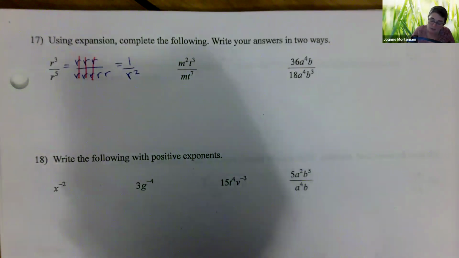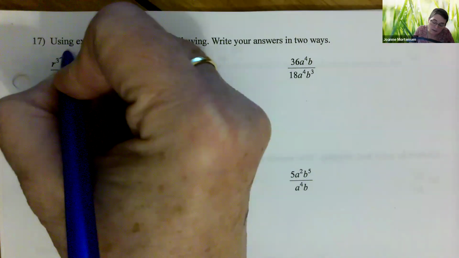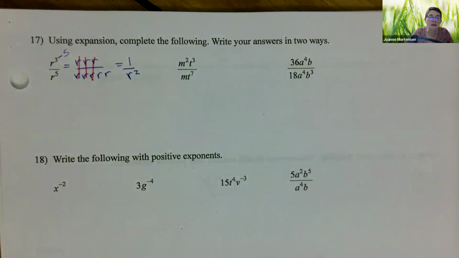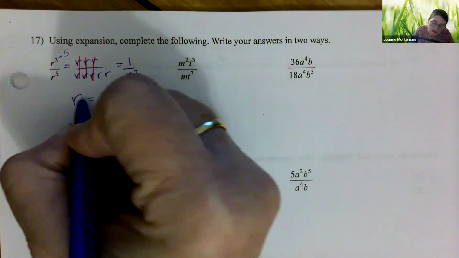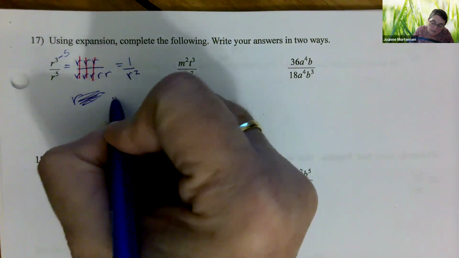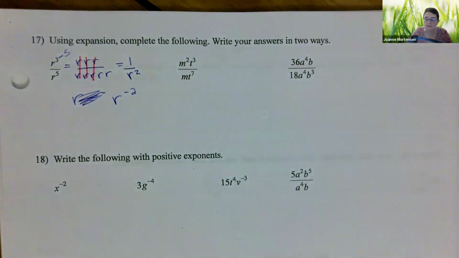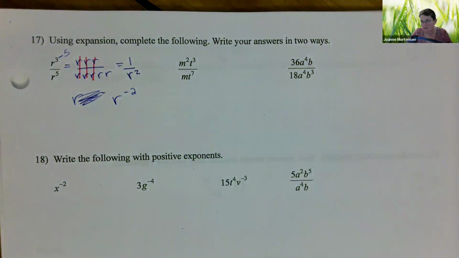Now, option 2 is I can follow my rules, and I can go 3 minus 5, right? I'm dividing, so I'm going to subtract my exponents. So I can also get r to the minus 2, because 3 minus 5 is minus 2, which means this and this are exactly the same thing.